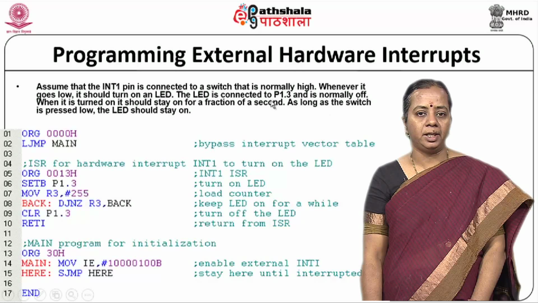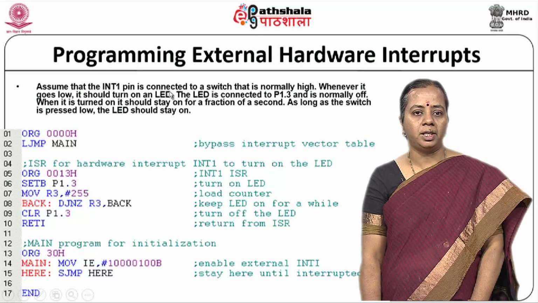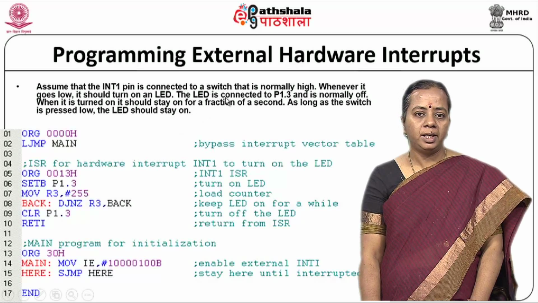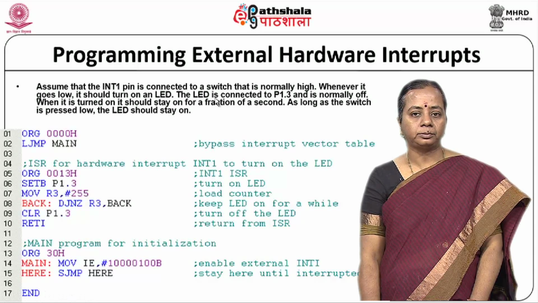So, the LED connected to pin 1.3 is turned on whenever I press the switch, which is connected to the INT 1 pin. This can be done directly also, but here this application is done through interrupt.